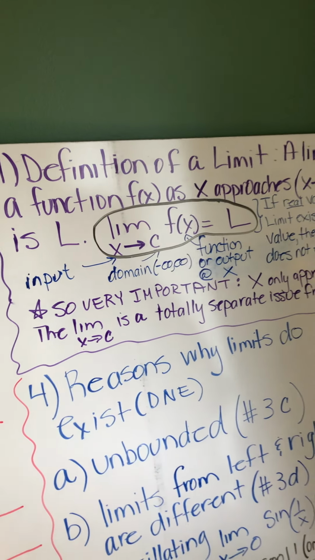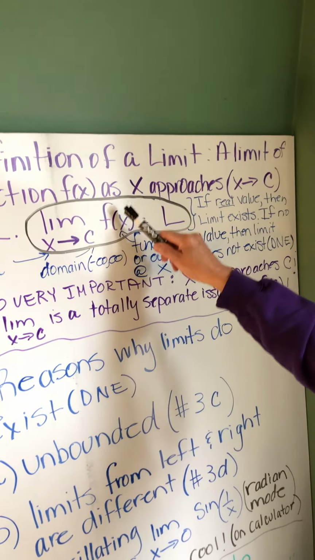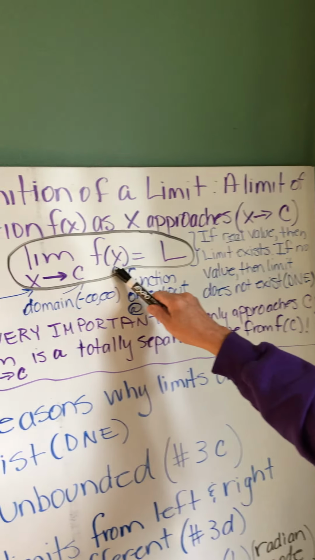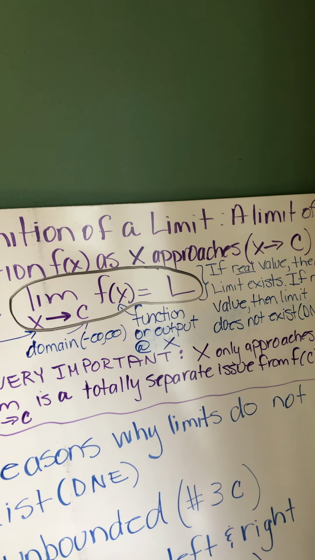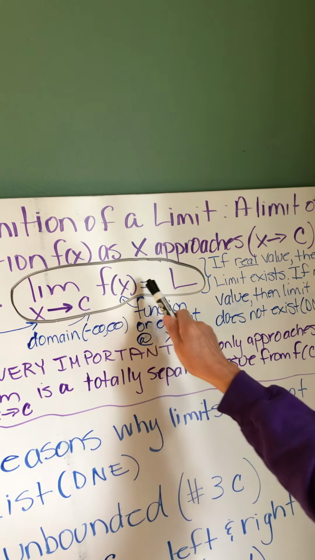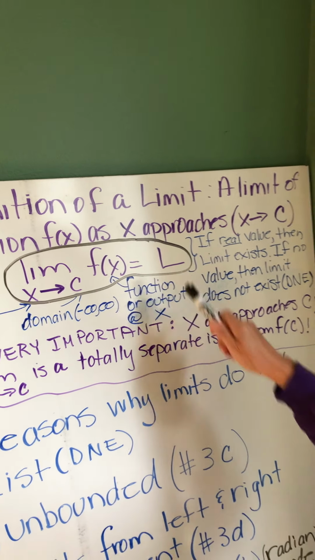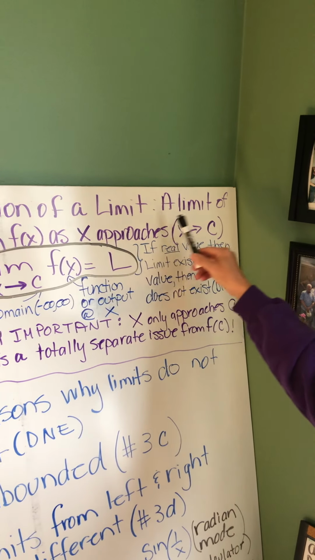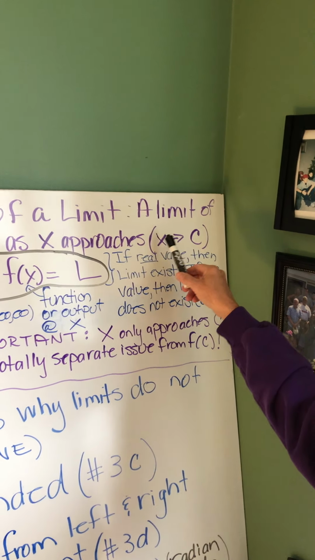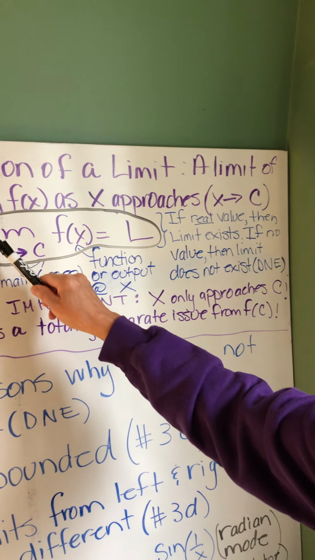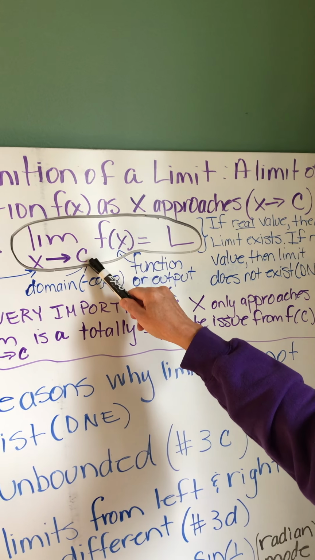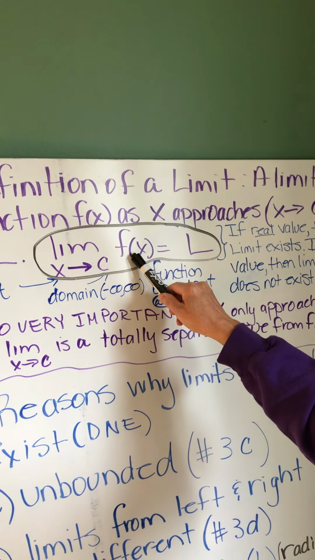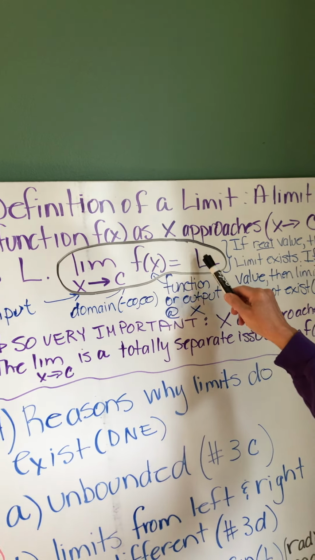And this f of x then is our function, and the limit equals a capital L. So let's just pull it all together. The definition of a limit is the limit as x approaches c of a function is equal to L.